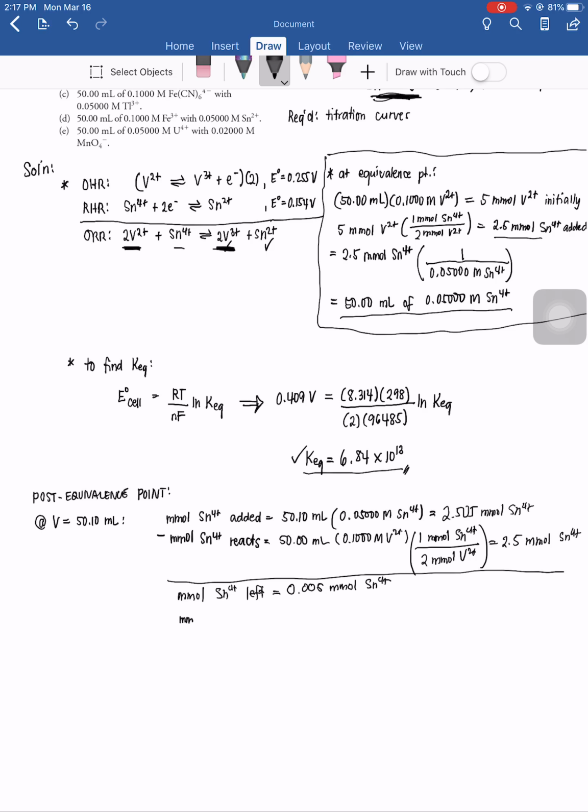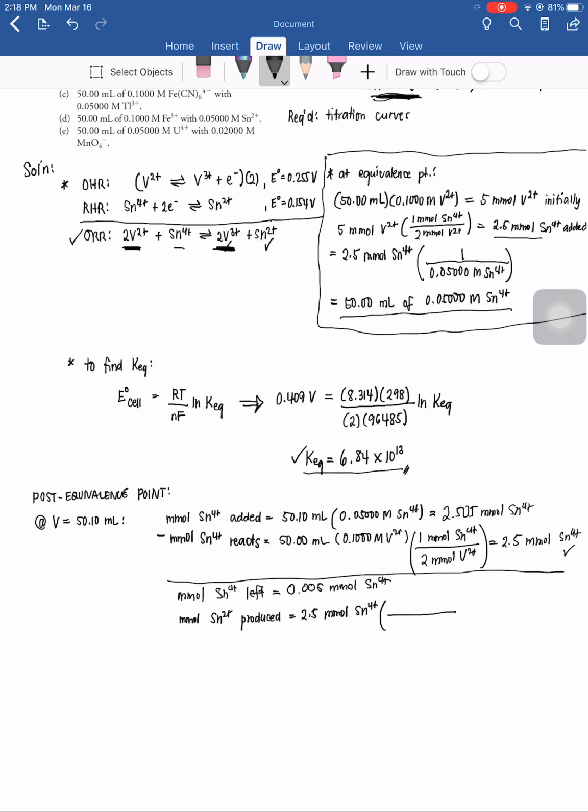We also need to know just how much tin 2 has been produced in the overall titration. Since we have reacted 2.5 millimoles of tin 4, we can just apply stoichiometry based on our overall redox reaction.